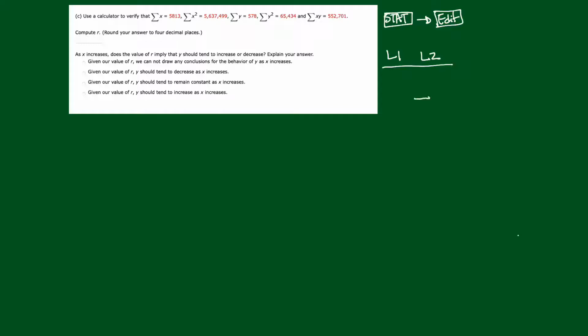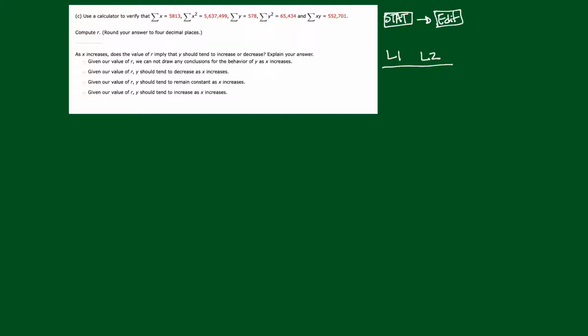Now arrow over to L2, up arrow to L2, press enter to highlight L2, and then clear and enter. And all that data disappears.